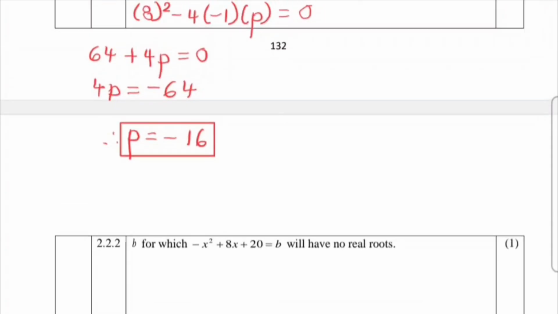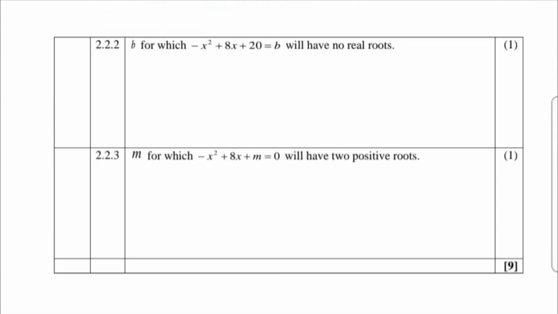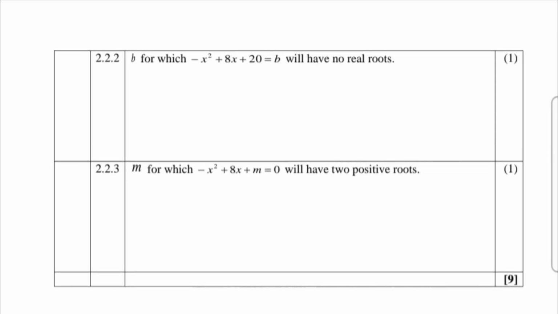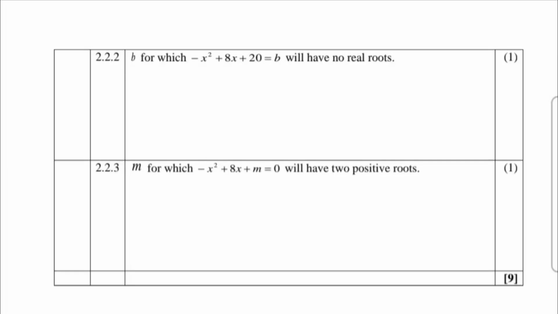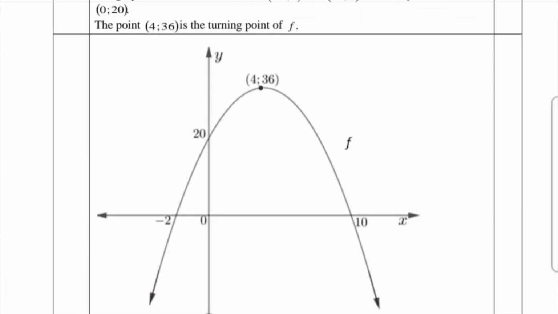So to answer 2.2.2, they've taken the equation, they have equated it to b, and they want the value of b for which the graph will have no real roots. So if we go back to our graph and have a look at it, we notice that at the moment there are 2 roots on the graph because it cuts the x-axis twice.